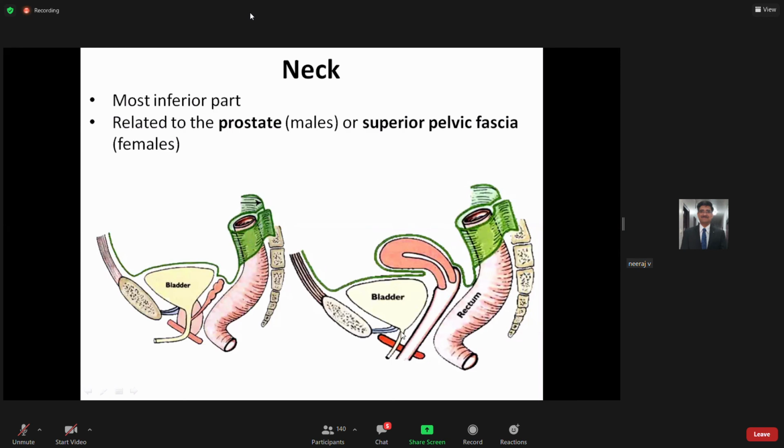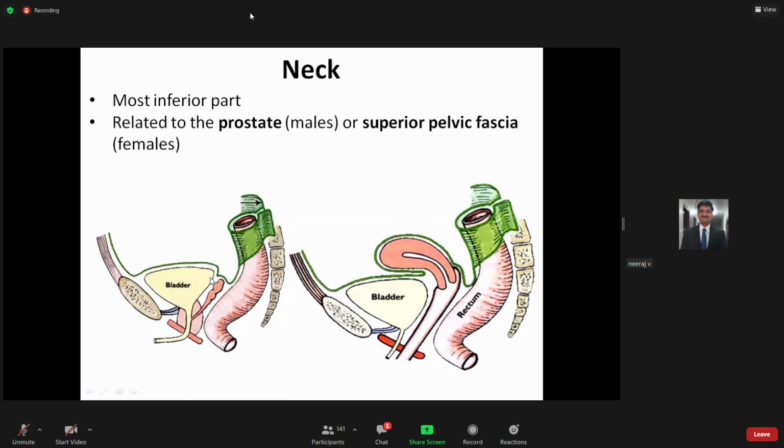You can see here, it is related to the prostate in case of males, and in case of females, to the superior fascia of the urogenital diaphragm. If we talk about the neck, this is the lowest and the most fixed part, which is situated where the inferolateral and the posterior surfaces of the bladder meet.